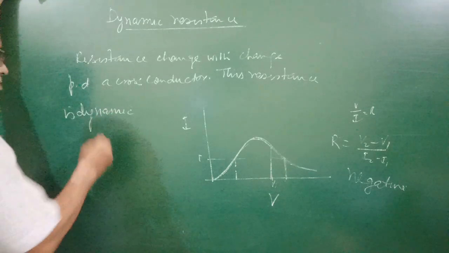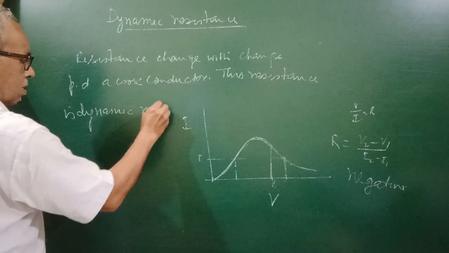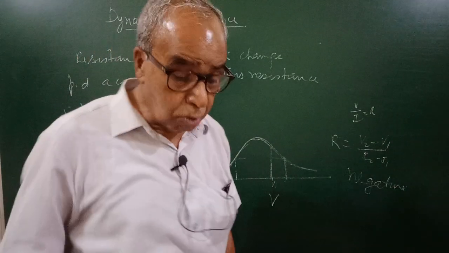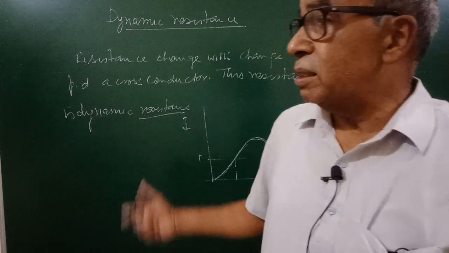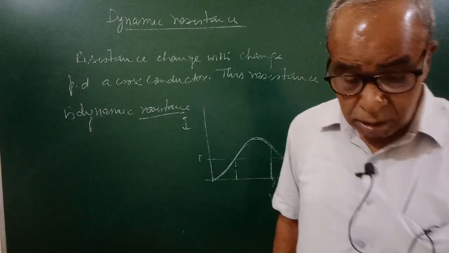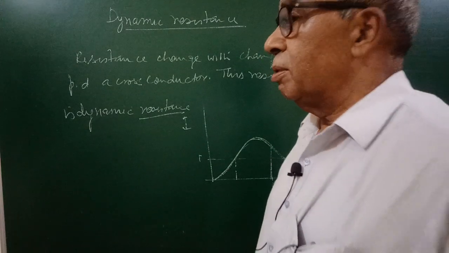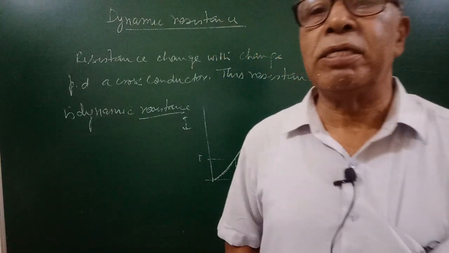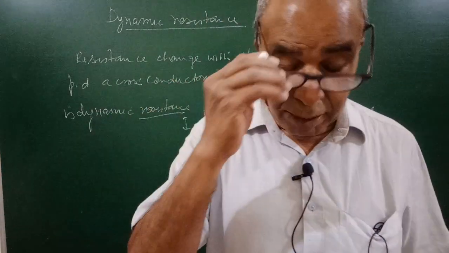Dynamic is that which keeps on changing. In the case of a metallic conductor, within the range of Ohm's law, resistance is the same at all voltages. But in the case of semiconductors, resistance keeps on varying. We will learn that a PN junction in one case has no resistance, in the other case it has infinite resistance. So resistance keeps on changing, and that resistance is called dynamic resistance.